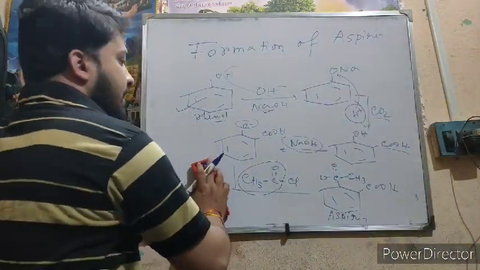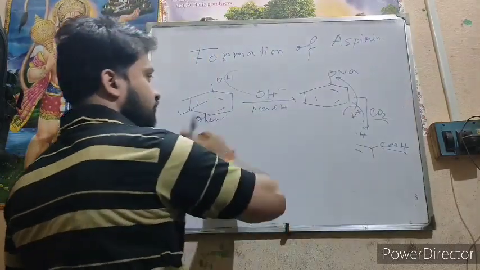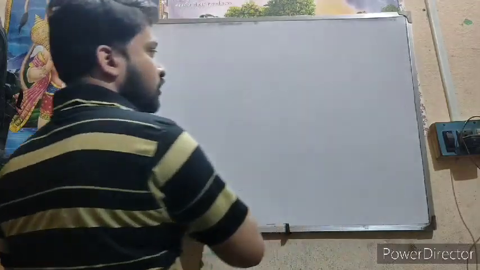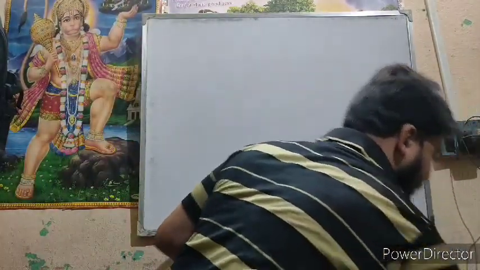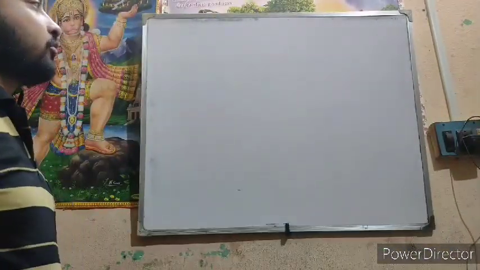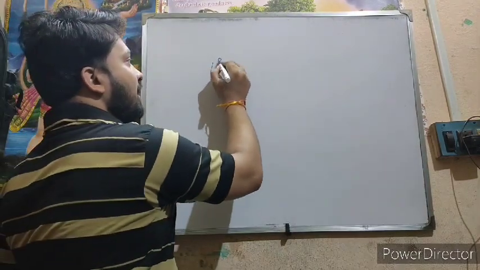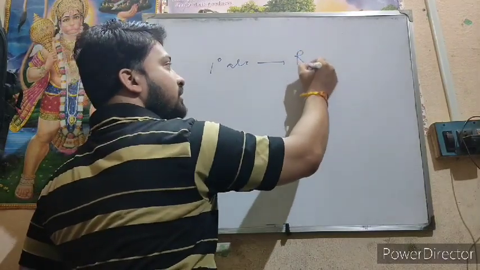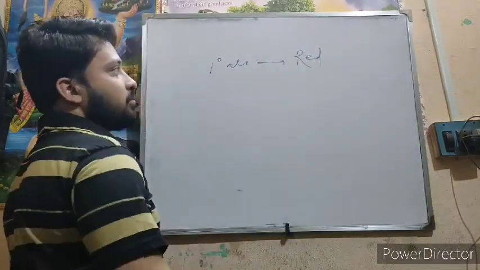Now there is an identification reaction. This is the Victor Meyer reaction. If you take 1 degree alcohol and you want to identify it, you get with this reaction red color by the Victor Meyer process.